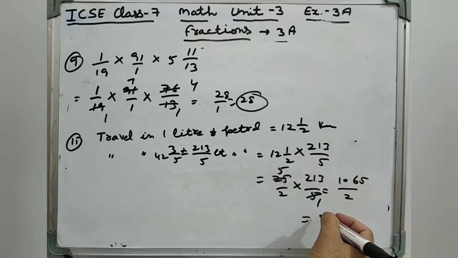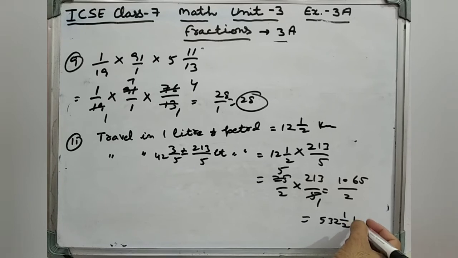Make it a mixed fraction, 5 32 upon 2 kilometers, right? This is the answer.